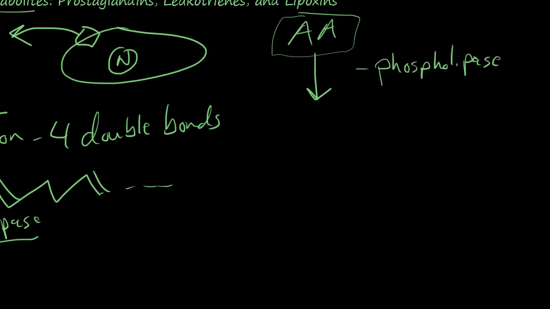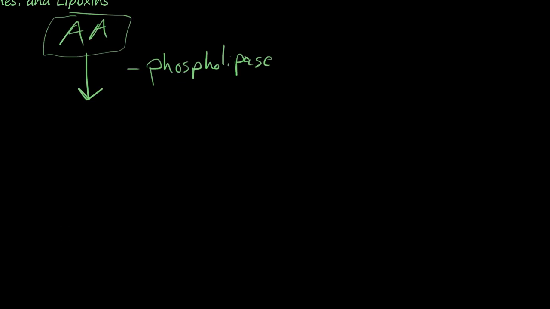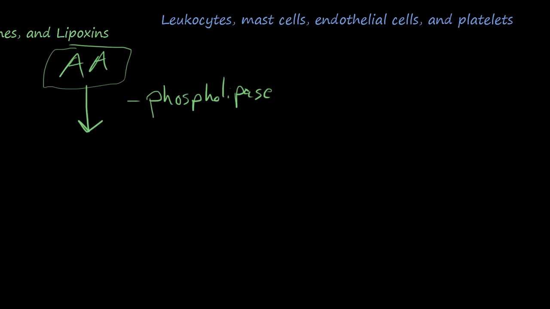Well, let me scroll over here. There are leukocytes, mast cells, endothelial cells, and platelets. These cells are responsible for producing these arachidonic acid metabolites.